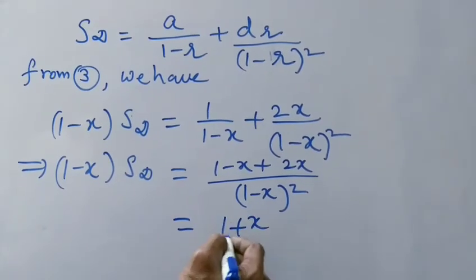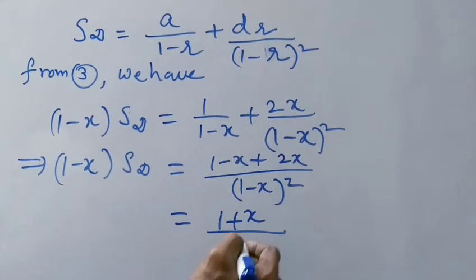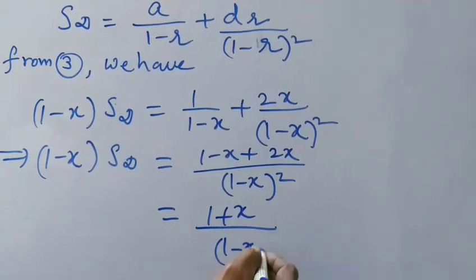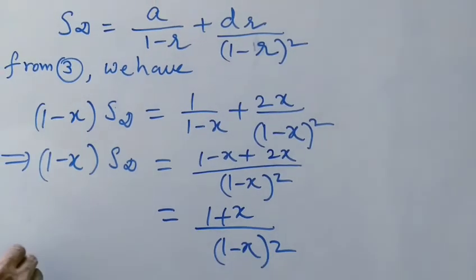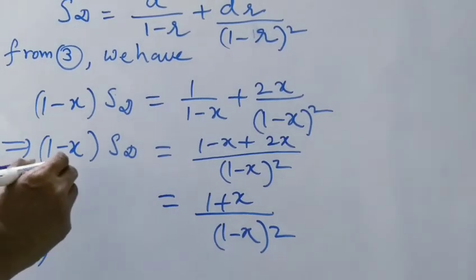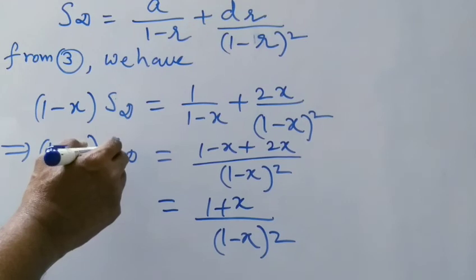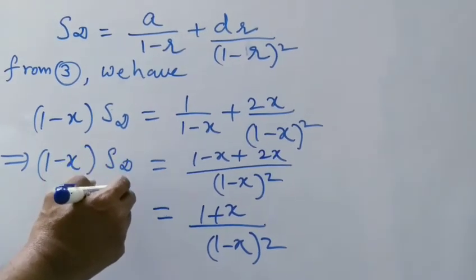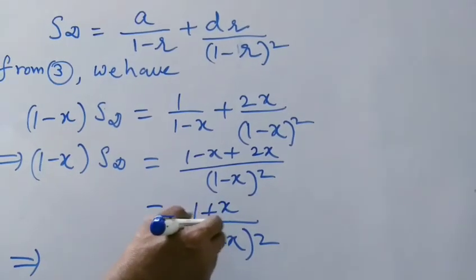So 1 minus x into the sum to infinity is equal to 1 plus x by (1 minus x) square.